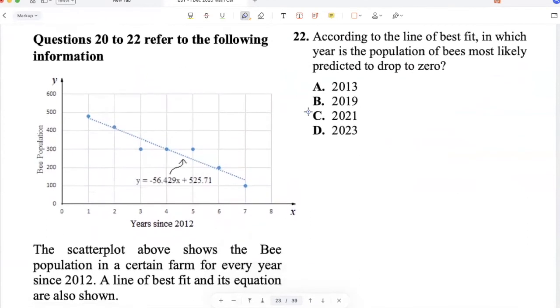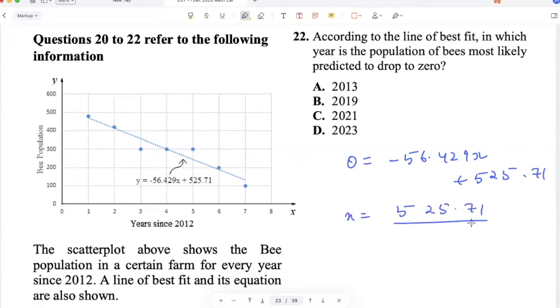According to the line of best fit, in which year is the population of bees most likely predicted to drop to 0? Okay. So 0 is minus 56.429x plus 525.71. So X is 525.71 divided by 56.429.